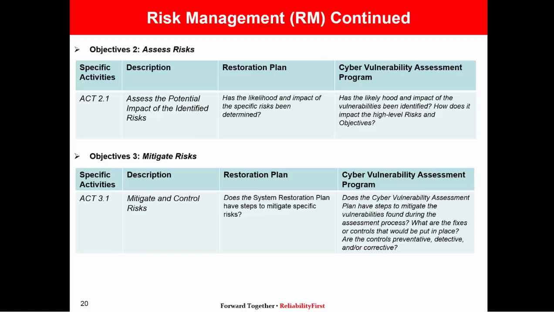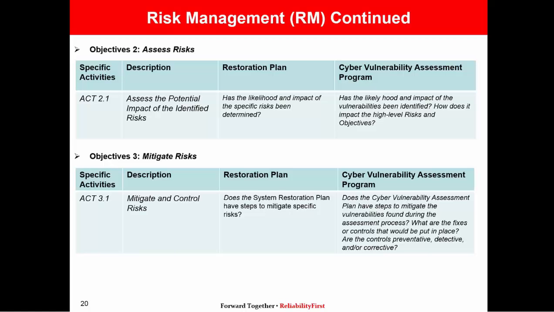So then Objective 3 is mitigate the risks. Act 3.1 is mitigate and control the risks. So within the Cyber Vulnerability Assessment Program process, what we're looking at is what is being done with the resulting vulnerabilities that were assessed to identify their impact and possibly likelihood of the risks.